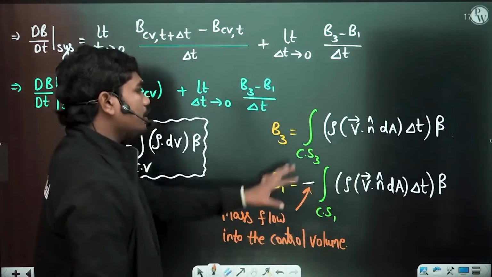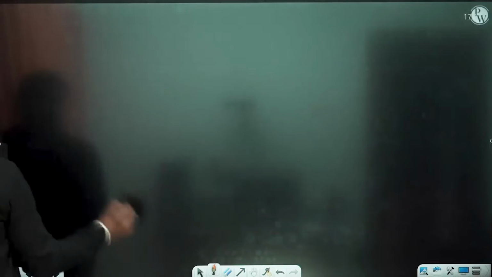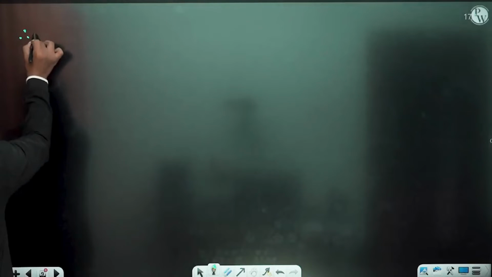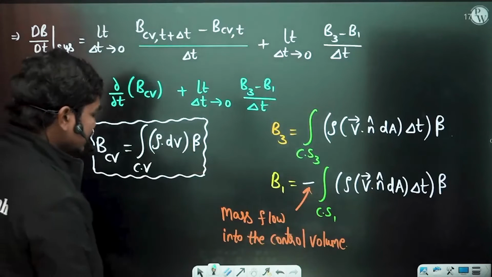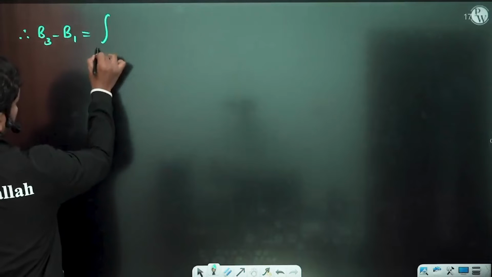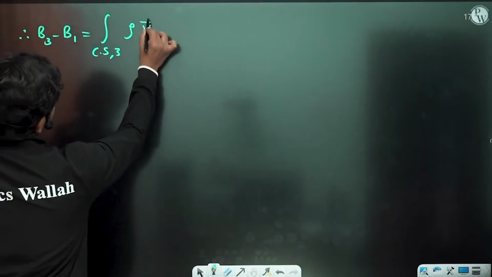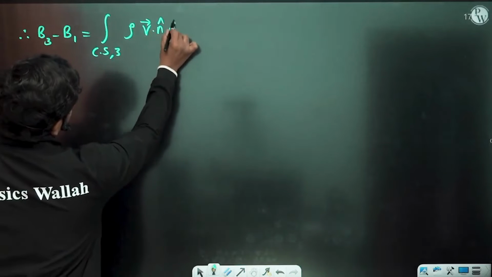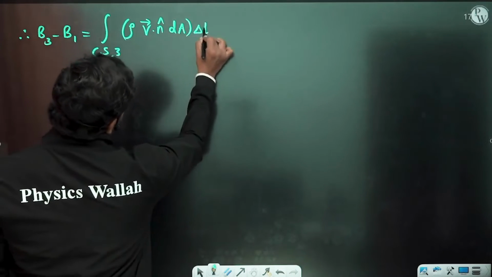Now, B3 minus B1 gives you the integral over the control surface CS3 of rho times V bar dot n cap dA, which is the mass flow rate, into delta T times beta.